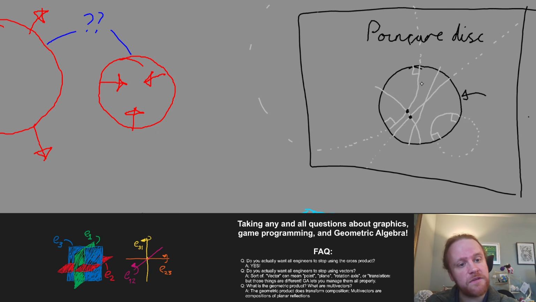You could think about even rotations. As usual, if you have two straight lines that intersect like here, you could think about a rotation, and that would actually look like an ordinary rotation. It would leave the surface of the Poincaré disk invariant.